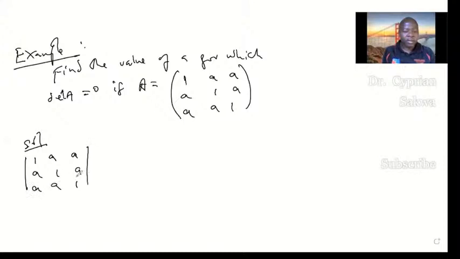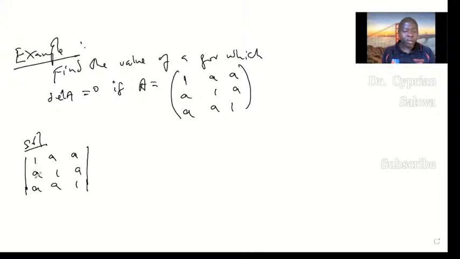Last time we said that for us to get the determinant easily, we introduce zeros. When we introduce zeros, it becomes easy for us to determine the determinant along either a row or a column. I want to create a 0 in this position and a 0 in this position, so that this one is the only non-zero element in column 1.